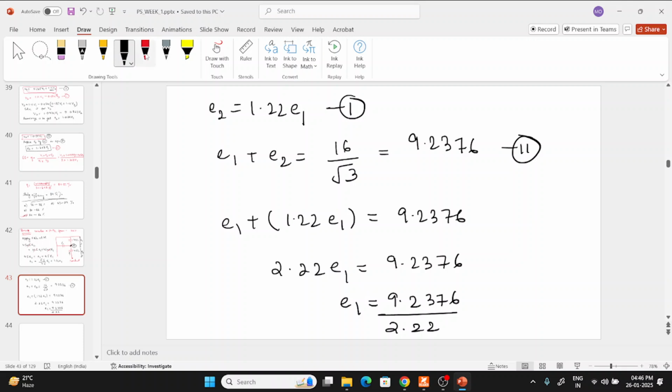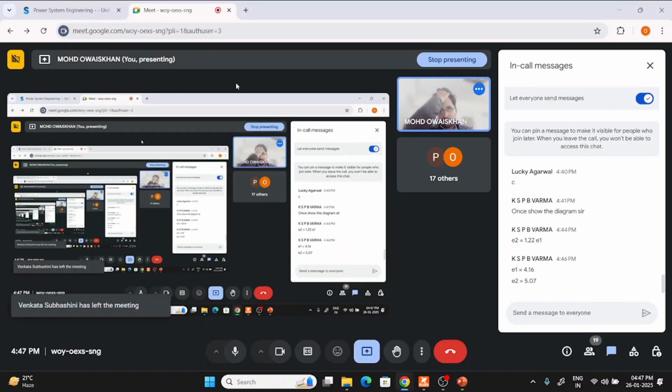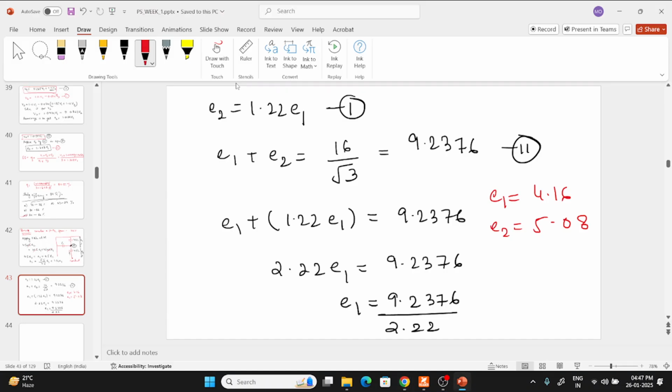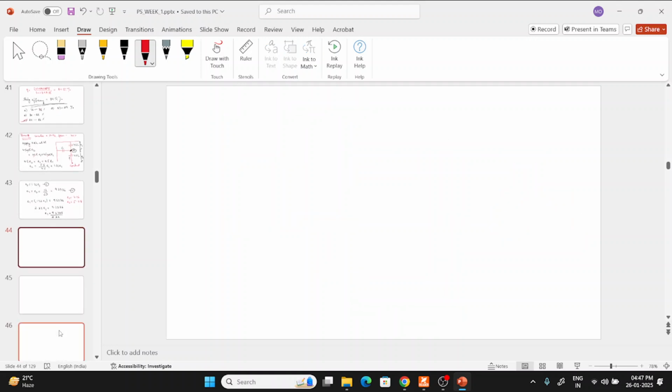Yes. Okay, let me check it. 4.16. 5.07. I think it is 5.08. Anyone else? No one? Okay. So these are the options. So basically, you can see the correct answer will be D.